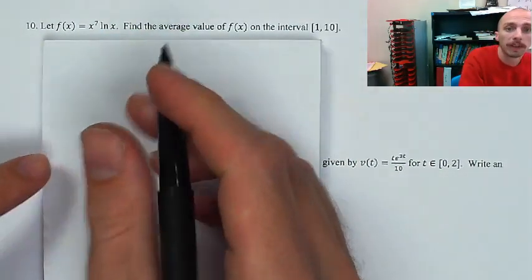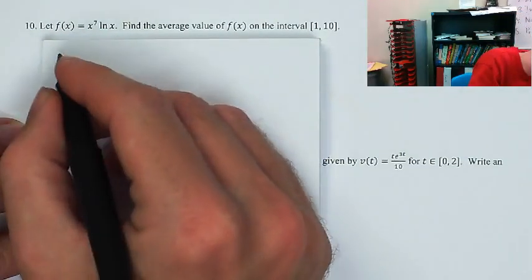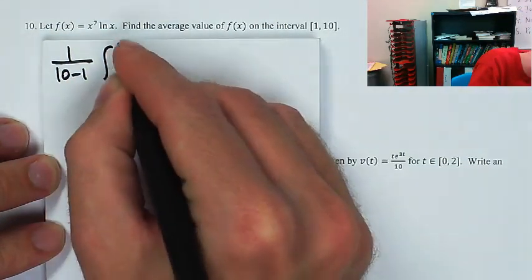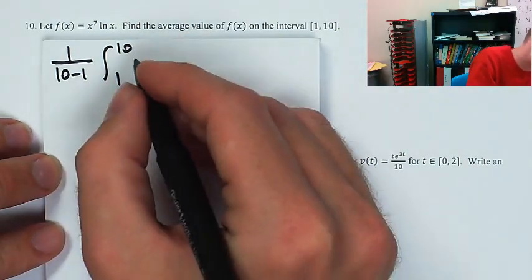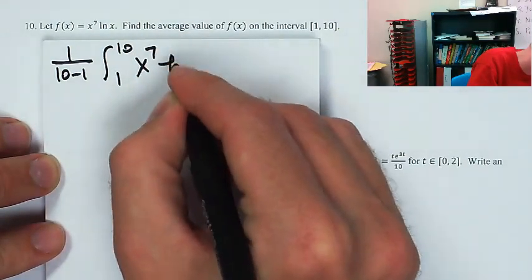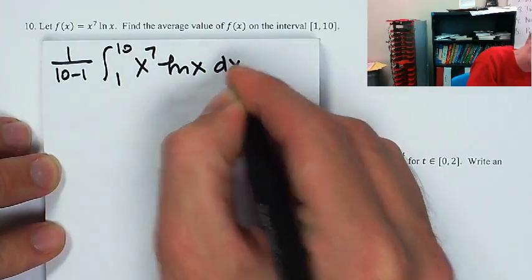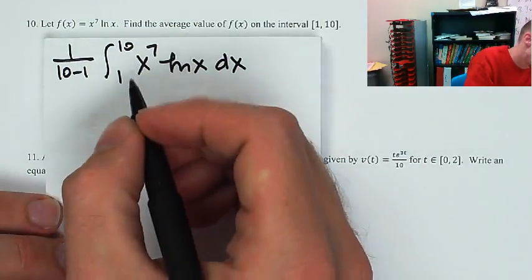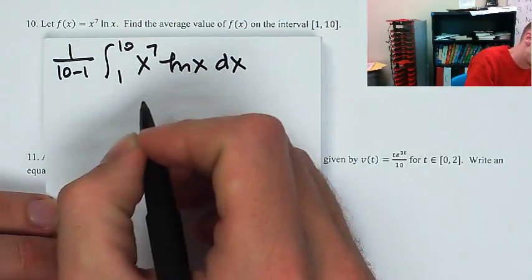All right, so the average value of f on the interval 1 to 10 is equal to 1 over 10 minus 1 times the integral from 1 to 10 of f of x dx. So I'm going to take the integral and then divide by 9.